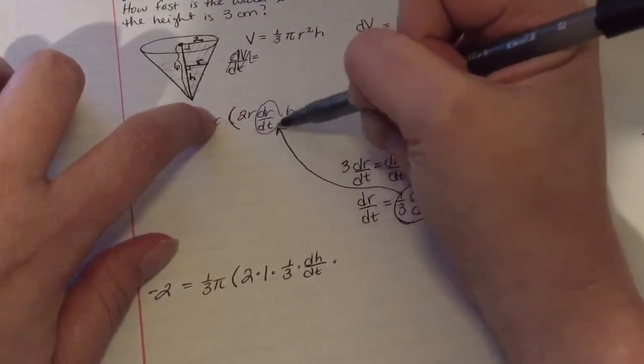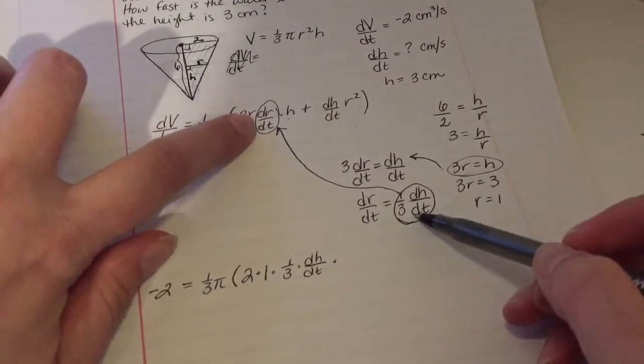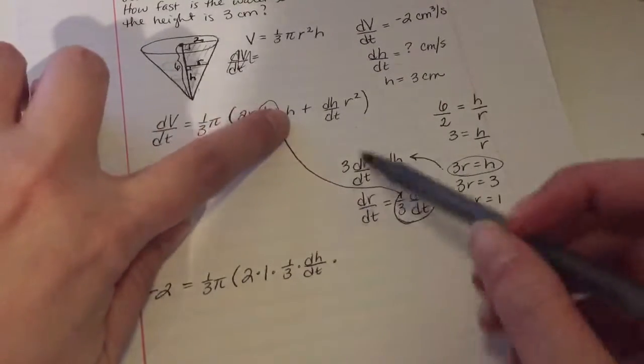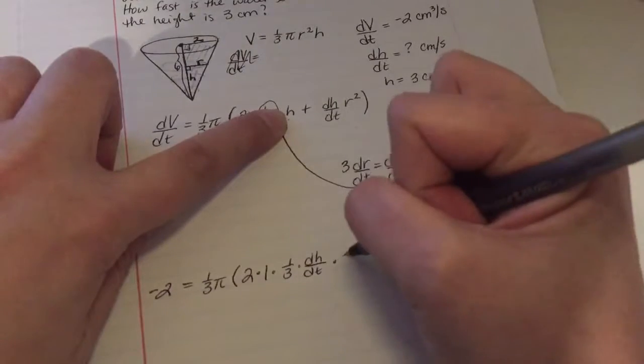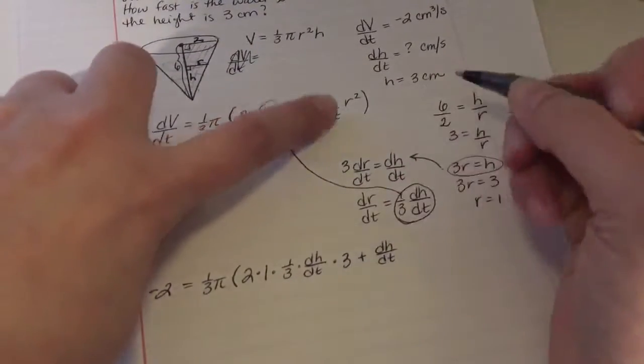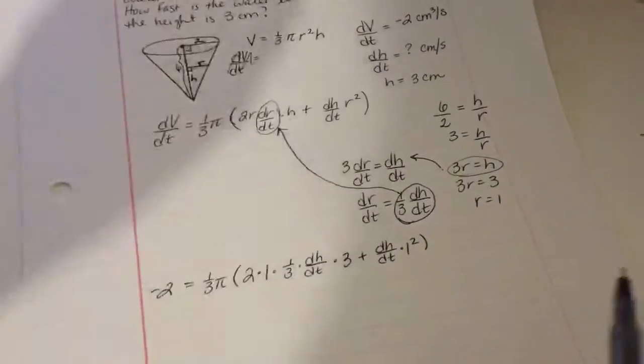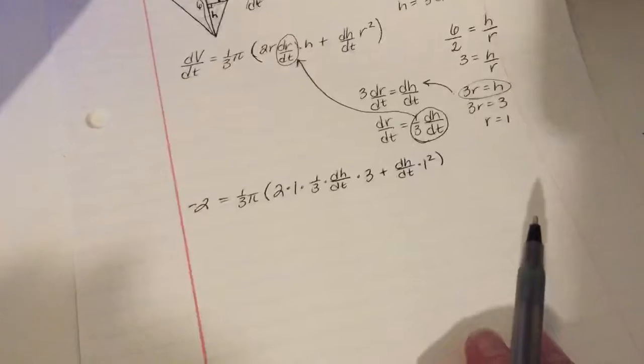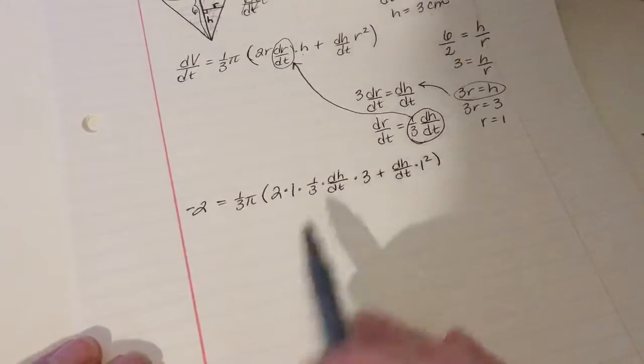This is the only thing I was replacing. Okay. h is 3, plus dh/dt times 1 squared. Okay. All right, and now all I have is dh/dt, which I can solve for.